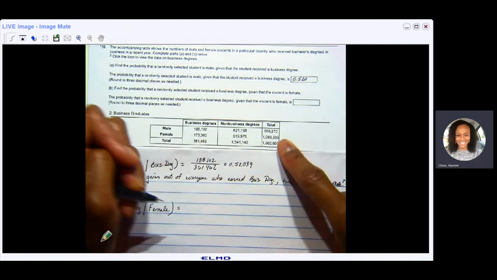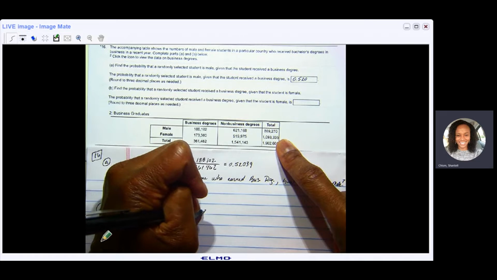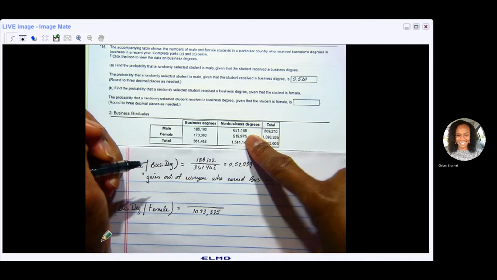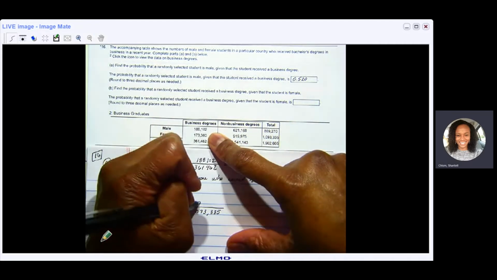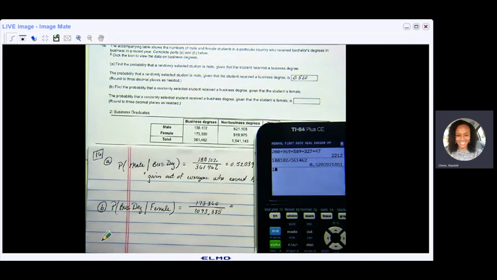173,360. So of the total female students, 1,093,335, the business degrees, 173,360. So 173,360 out of 1,093,335.